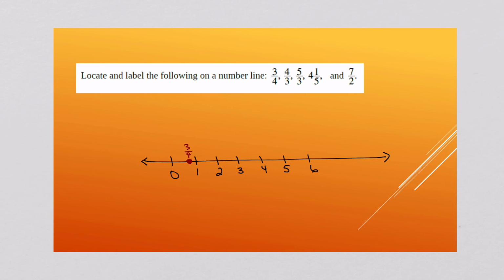Now 4/3. 4/3 is the same as 1 and 1/3. So it's not quite 1 and 1/2, but it's about right there, just past the 1. 5/3 is the same thing as 1 and 2/3, so not quite 2. So it would be about right there.